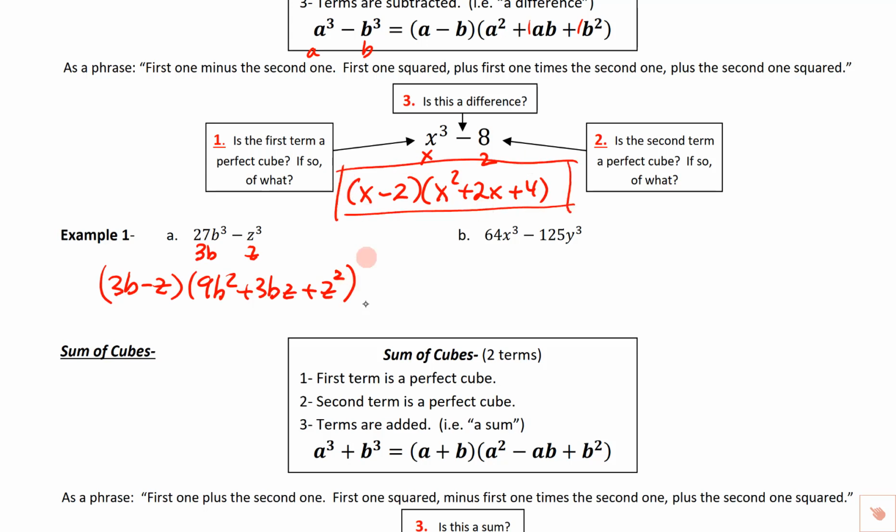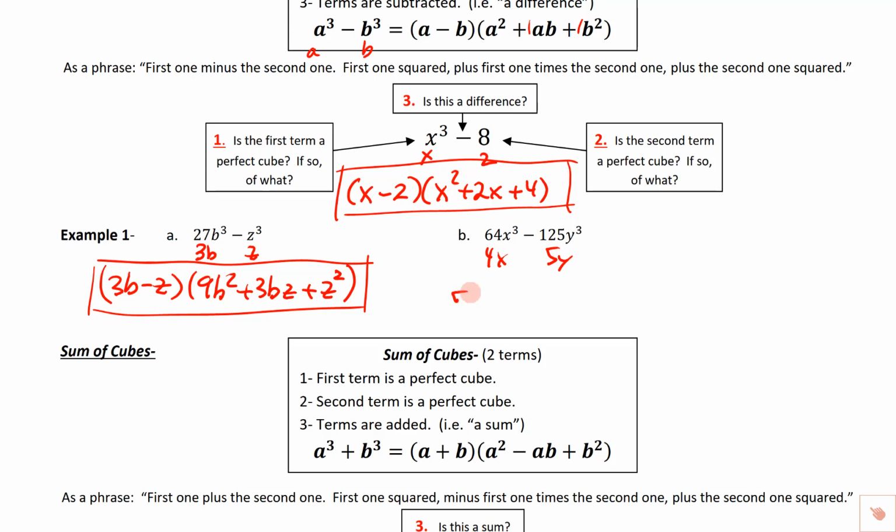Those are the answers. And we'll take a look at this last one. I'll give you a little bit of a head start if you'd like one. So if you want to pause the video for just a second, and we'll go ahead and take a look at this. So perfect cube of 4x, perfect cube of 5y, and it's a difference.